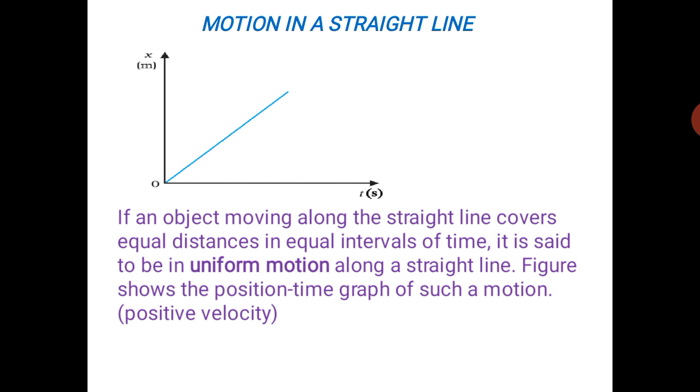Then we can say it is uniform motion or uniform velocity, and it is positive velocity. Is it clear? Note down the points. Let us continue to the next graph.